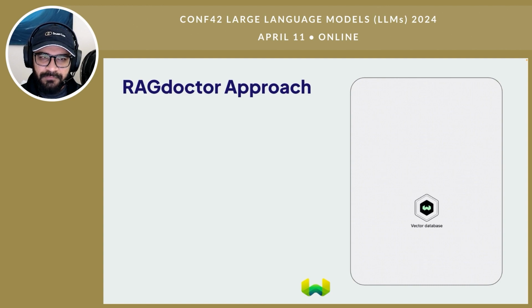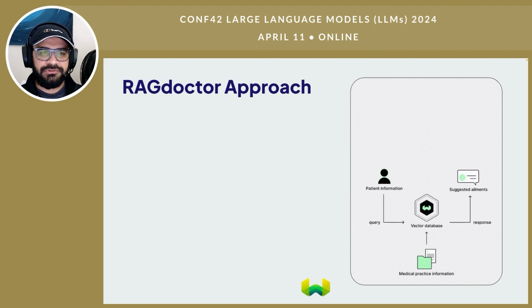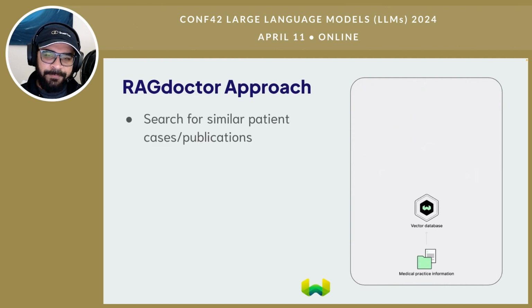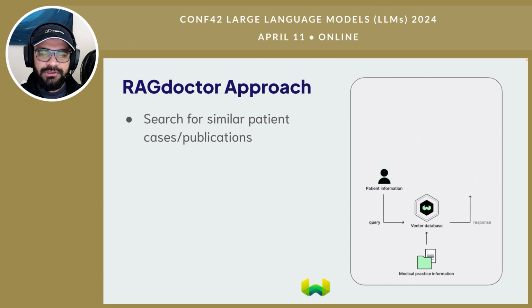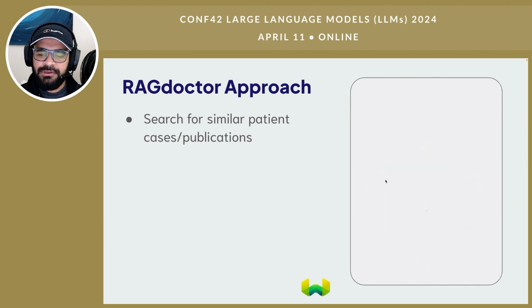So the next approach uses a technique called RAG, Retrieval-Augmented Generation. I call this the ragdoctor approach, and it works as follows. When a new patient comes to your office, you use this AI chatbot and give it this new patient's information, and then you retrieve relevant cases.